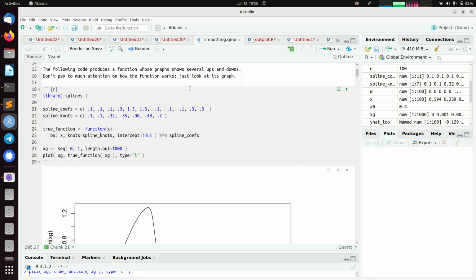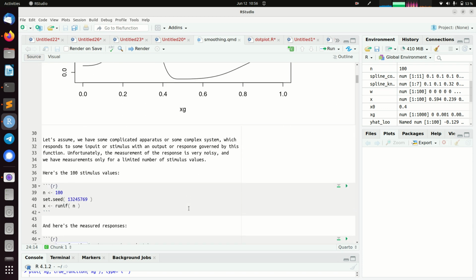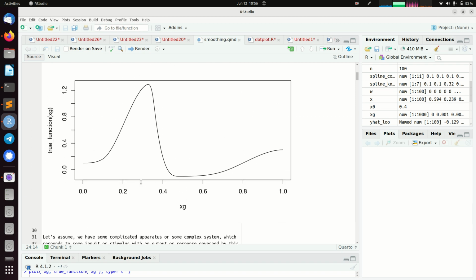For now, let's just say we have here a function called true function, which is the true expected expression for each pseudo time. It works somehow, and it produces this graph. What we now want to do is choose cells, and let's say our cells sit uniformly along the pseudo time, so the probability for each pseudo time is the same.